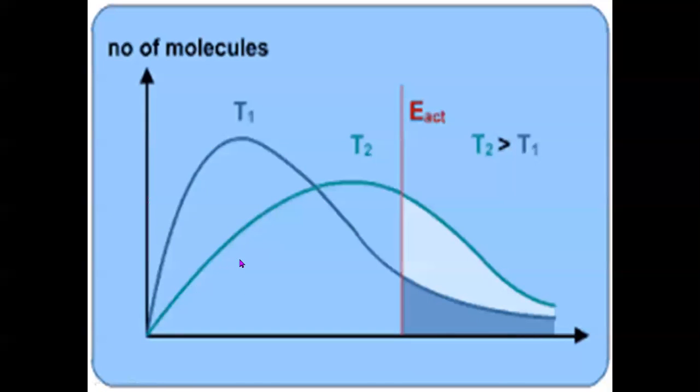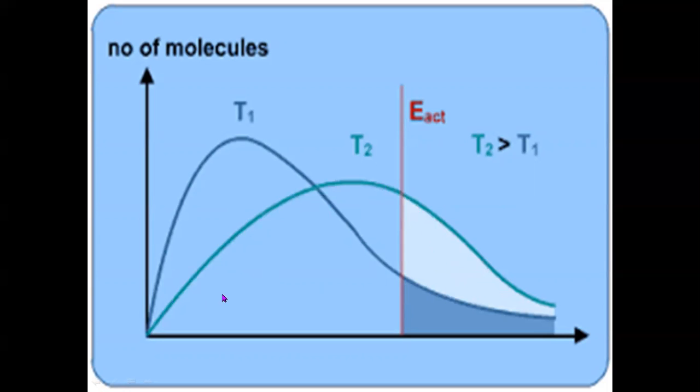When we increase the temperature, this curve shows T2, which is greater, and the curve gets flattened. Means this area is increased. Now the molecules in this area can be converted into product.